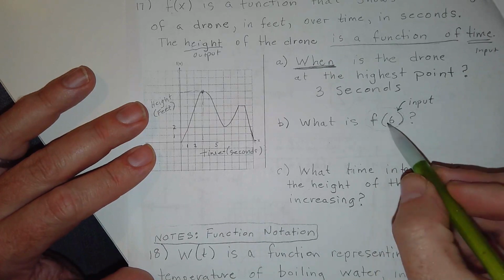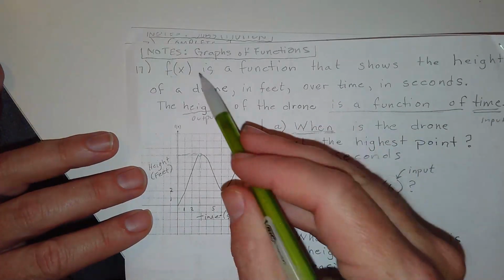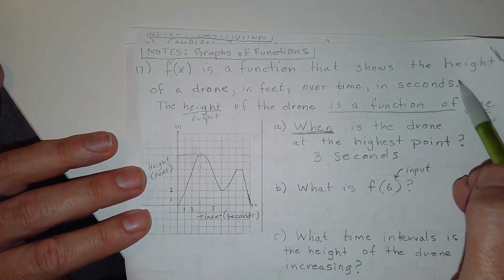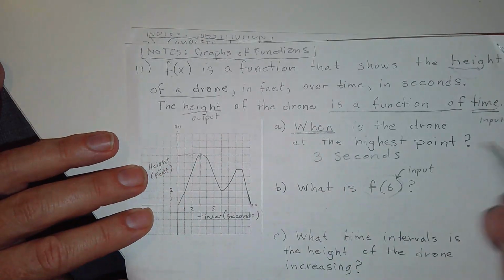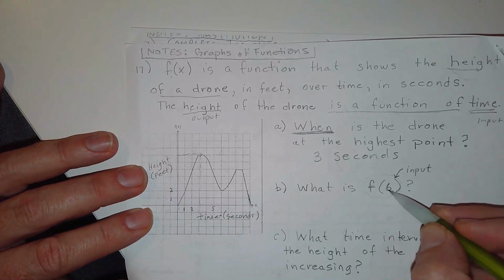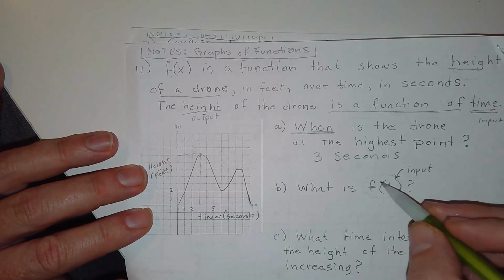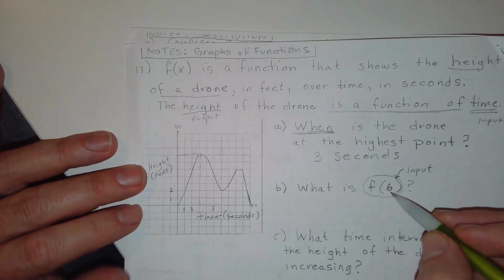And so it's asking us to figure out what is the height of the drone, because f of x is the height of the drone, at the input, which is time, so at 6 seconds.